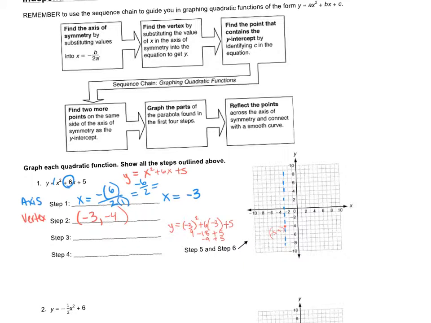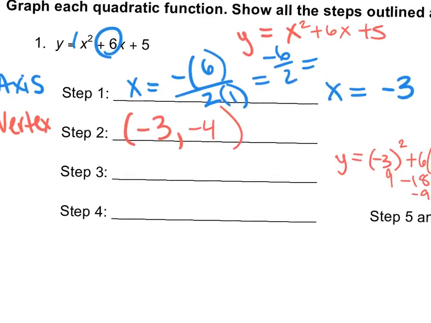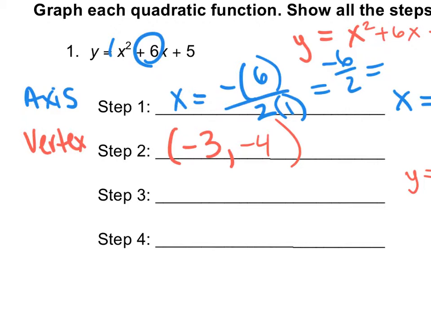Step 3 says, okay, now that you have found your vertex, find the point that contains the y-intercept. Well, if we recall from our y-intercept part, we know that the y-intercept is the value of c, which is 5. If I am a y-intercept, that means my x value is 0.